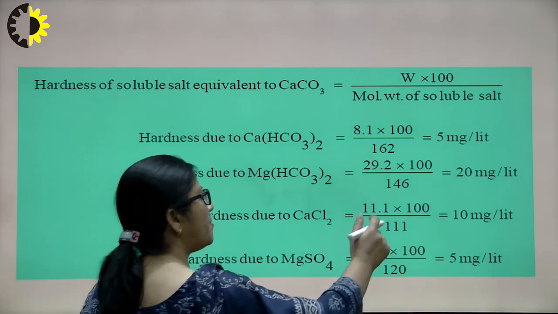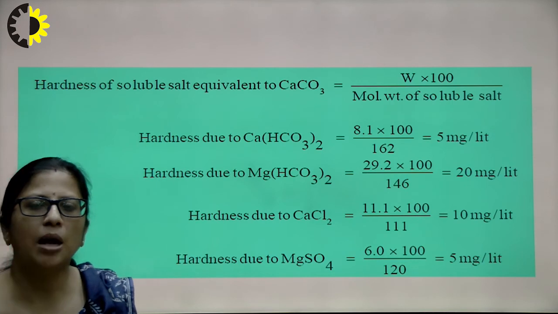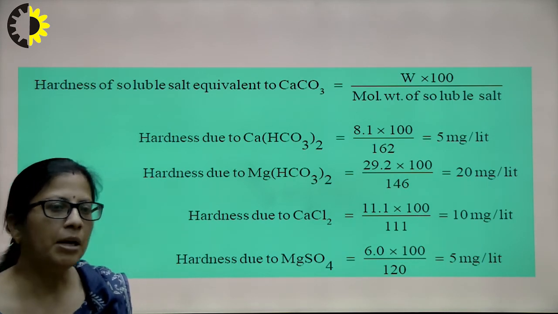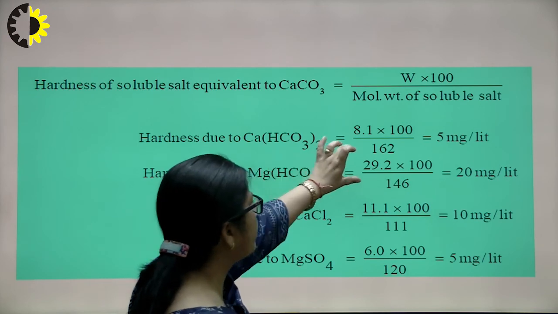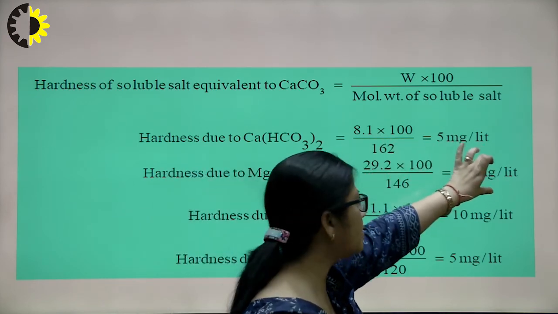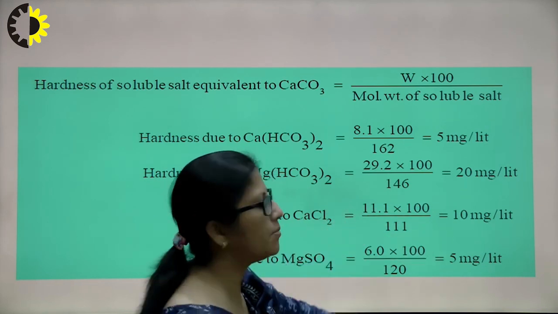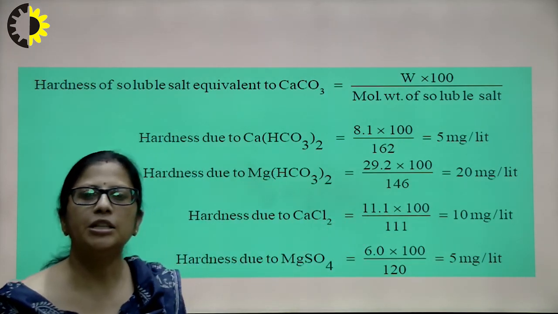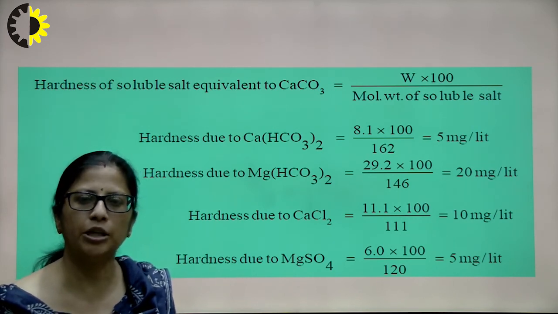So, hardness comes out to be 5 milligram per liter in terms of calcium carbonate equivalence. Similarly, I am converting the hardness due to magnesium bicarbonate into calcium carbonate equivalence, and calcium chloride and magnesium sulfate also in terms of calcium carbonate equivalence. So, here we are converting all these into calcium carbonate equivalence.